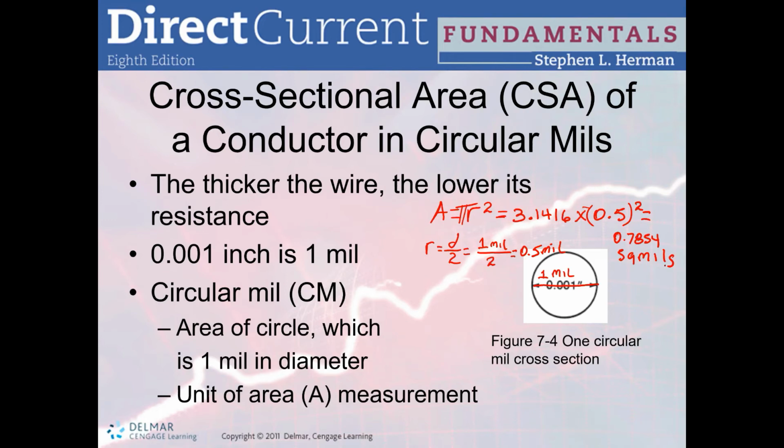Now, going forward, the reason why I was doing this calculation is because I want you to understand that whenever we have a diameter of 1 mil in a conductor, the amount of square mils that we are going to have in the whole conductor is going to be equal to 0.7854 square mils.